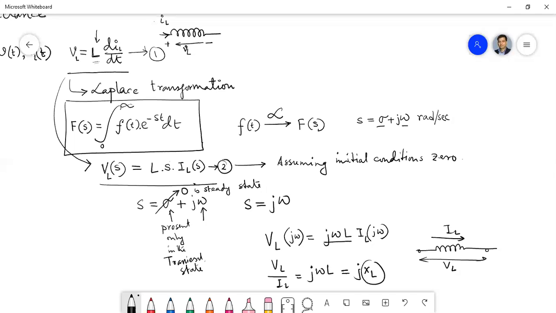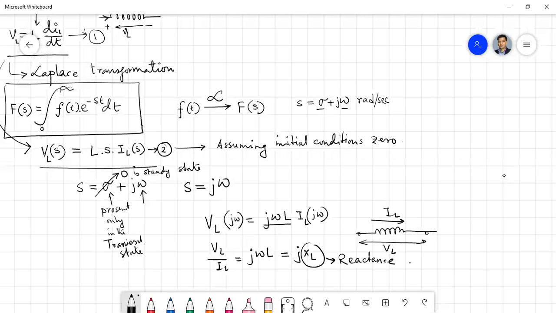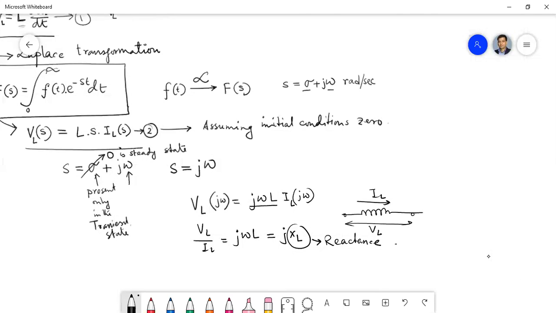This XL is called the reactance, which has the unit of ohm. So this is how we got the reactance part from the inductance.